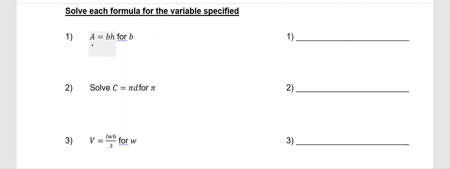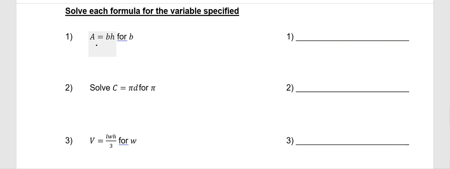A stands for area, specifically the area of a parallelogram or a rectangle. The area is solved by multiplying the base times the height. Right now, this literal equation is set up to solve for A, the area, because it says A equals.